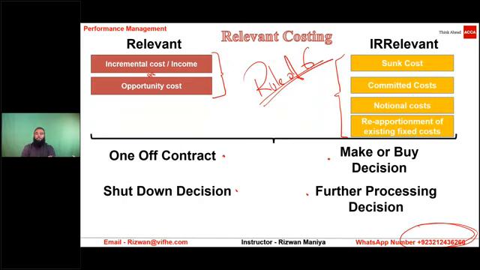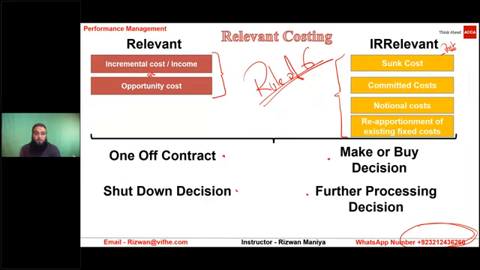Four things will make a cost irrelevant for a particular decision. You have to see whether that particular thing is part of these four or not. So first is sunk cost, past cost, already incurred. You can't do anything about that. Now, at the time of taking a decision, something that has already arisen or occurred before is not relevant.